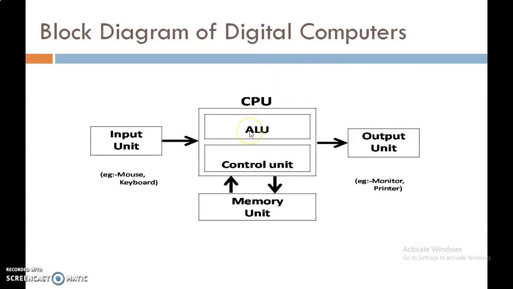ALU performs various arithmetic operations like addition, subtraction, multiplication, division, and logical operations as defined by a program. Program and data are stored in memory unit. Control unit supervises the flow of information between the various units. At last, the output is generated, which is displayed on the output devices like monitor and printer.